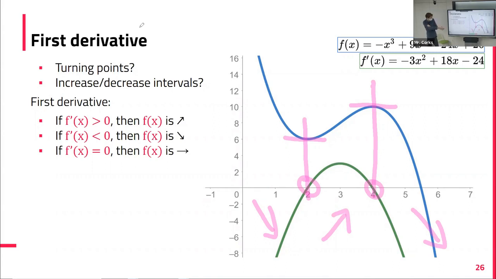So that's the first, very simple connection between the two: turning points of the original, zeros on the derivative function.